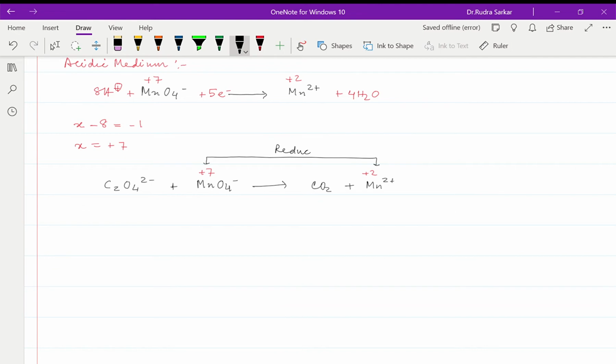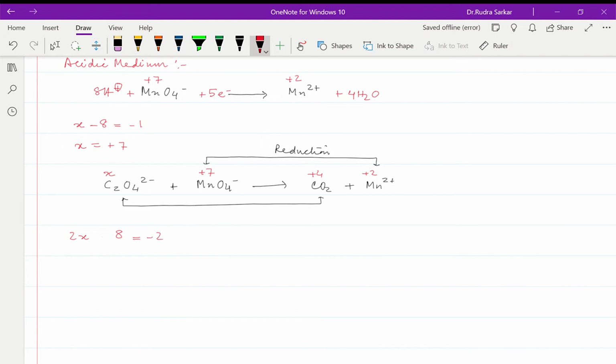So we call this the reduction half cell. Over here, carbon dioxide should be plus 4, and if we calculate for oxalate, we say carbon is x, there are 2 carbons, so we multiply by 2. So 2x minus 8, since we have 4 oxygens, is equal to minus 2.